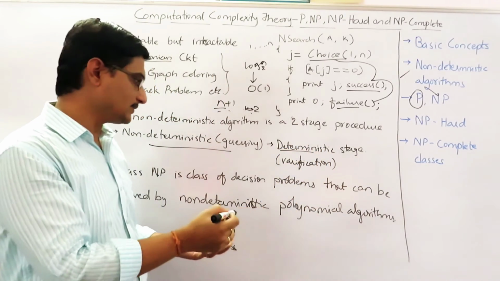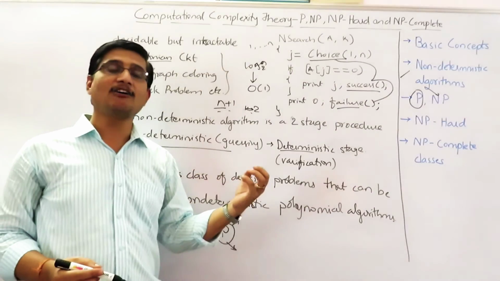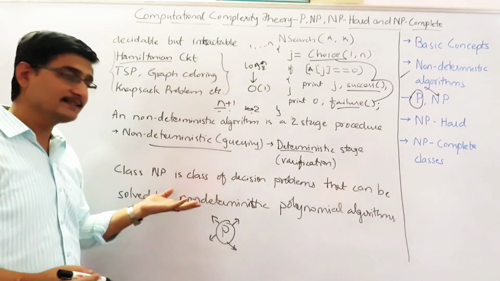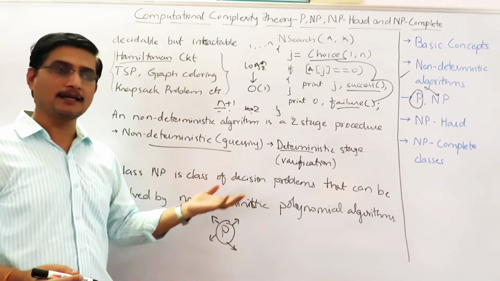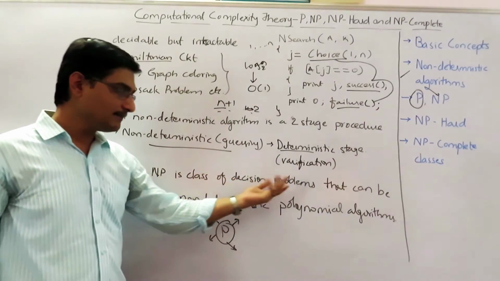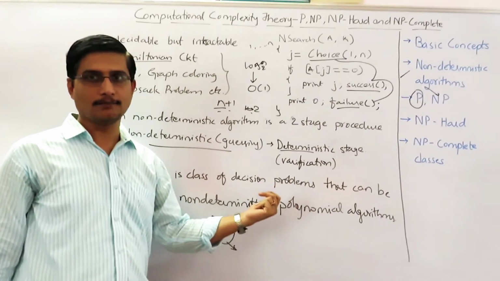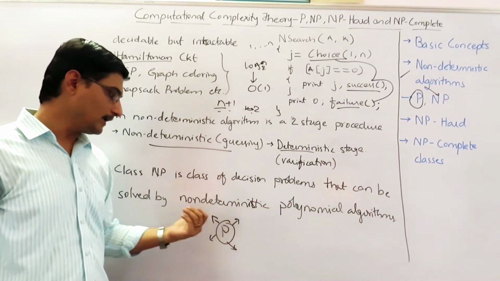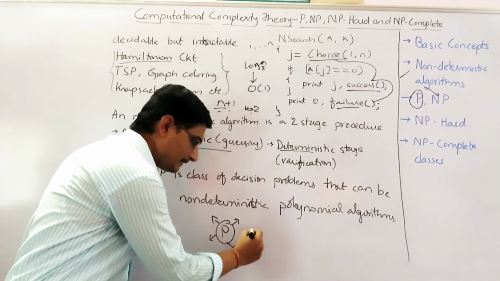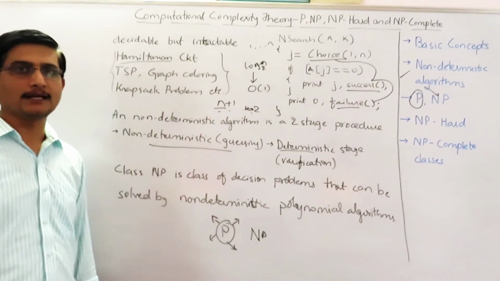That is what our research is. So if the problems are of this class, then we call them the NP class. That is, it is the set of decision problems that can be solved by a non-deterministic polynomial algorithm. We say that it is the NP class.